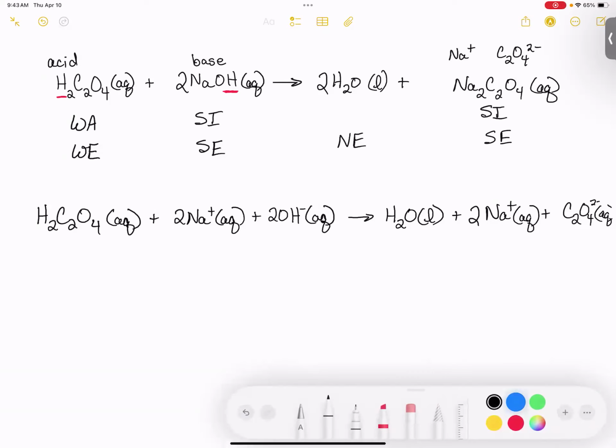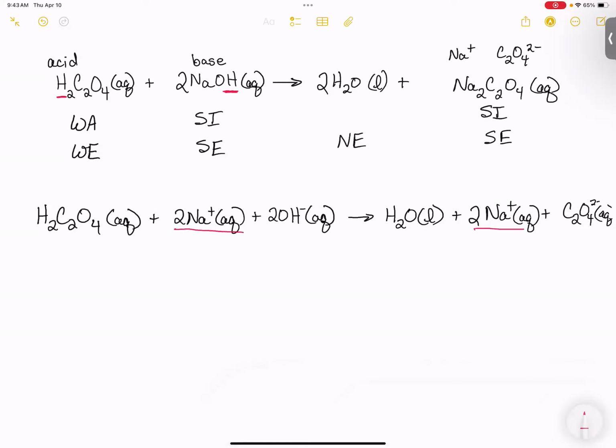Now to go to the net ionic equation, you remove the spectators. Spectators are going to be ions that appear the same on the reactant side as they do on the product side. Everything else you bring down.